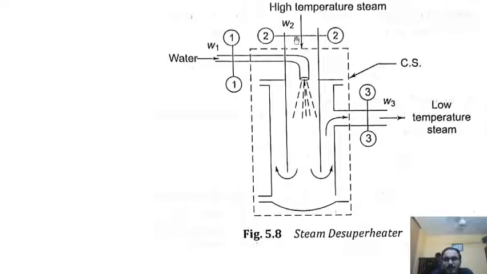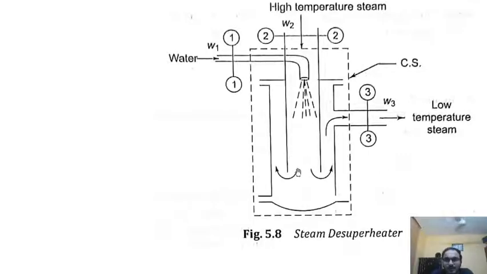So there are two entries. First is section 1, the entry of water, and its mass flow rate is W1, and here the second entry is of high temperature steam, which is W2, which is coming from the top.